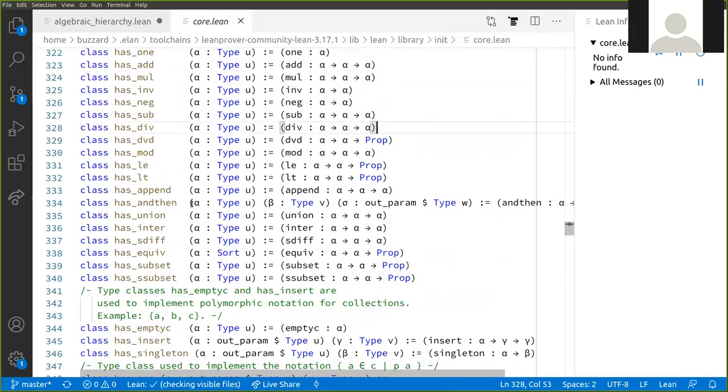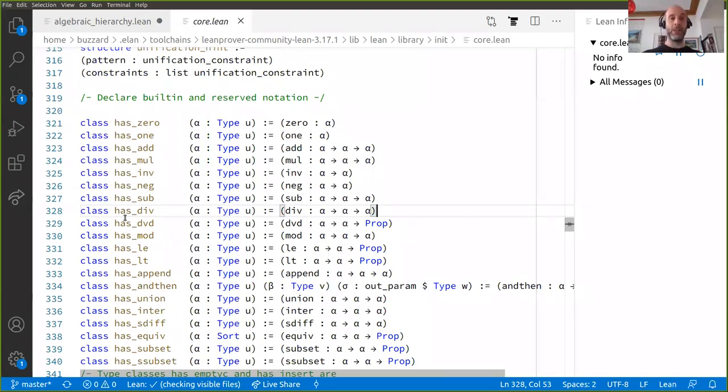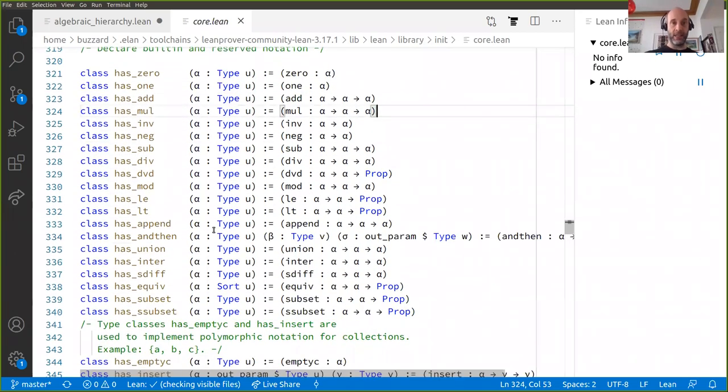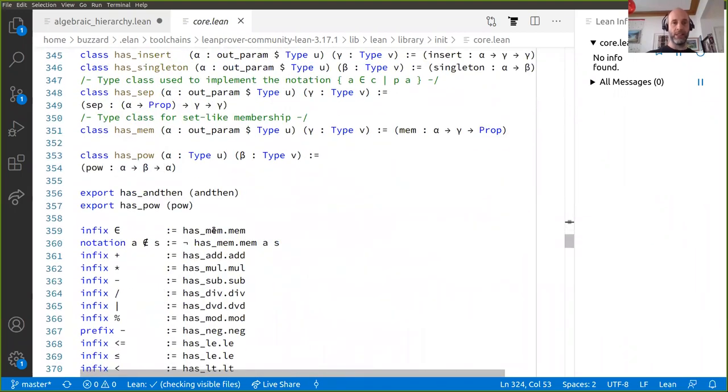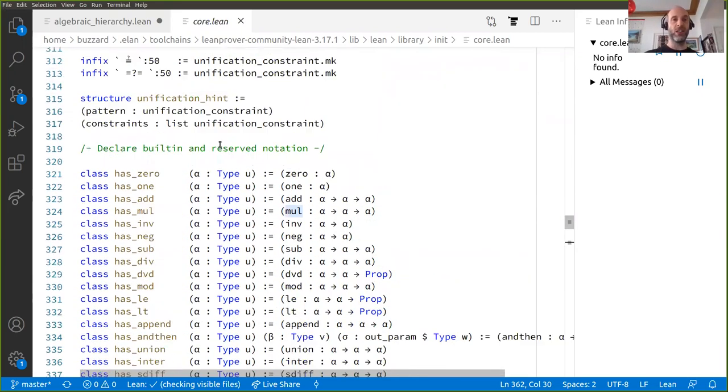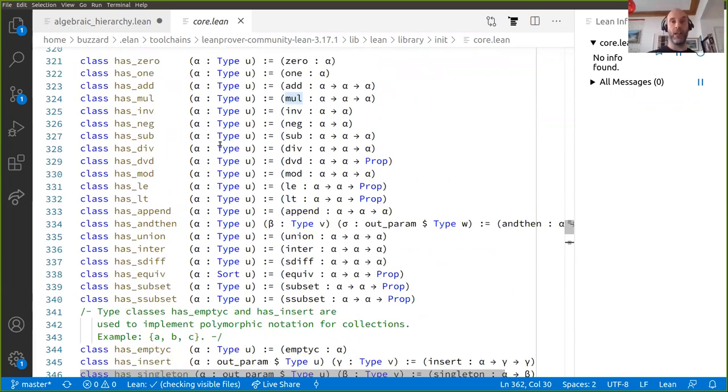There's a class called hasmul, and to make a term of type hasmul, you have to give a multiplication. This is a map from alpha squared to alpha. A key part of this story is the notation here. The multiplication sign is defined to be hasmul.mul. So all of these are notation type classes. A bit later on in the file, I'm going to set up another notation type class.